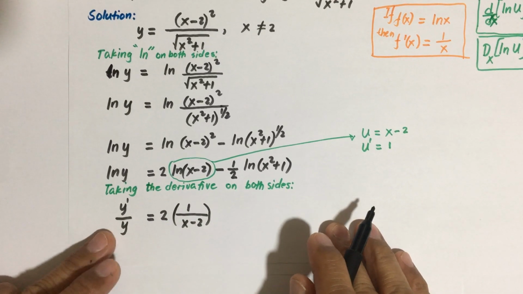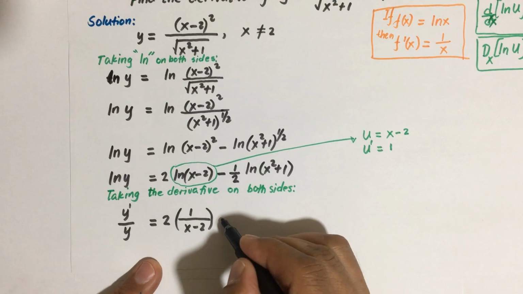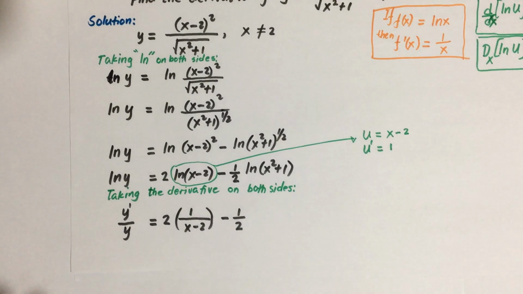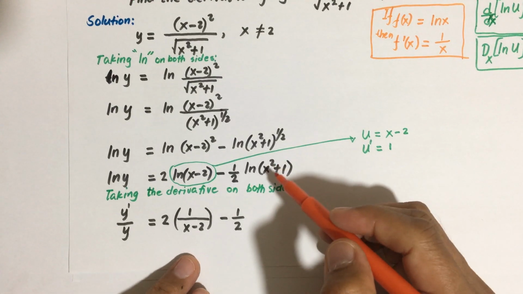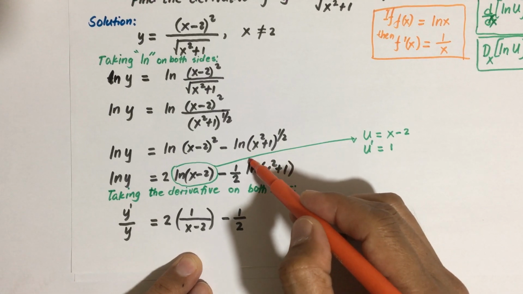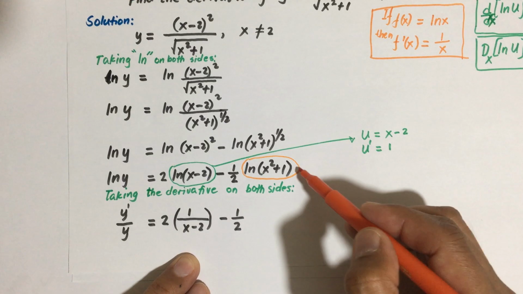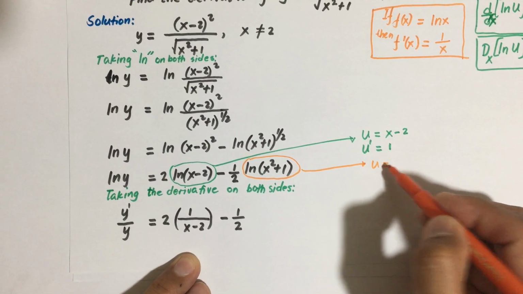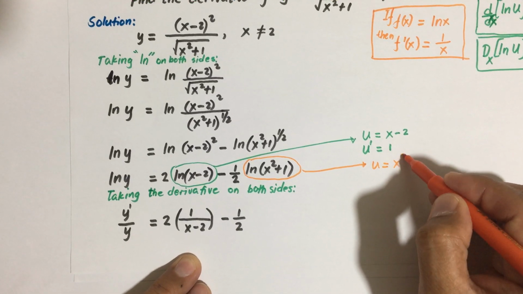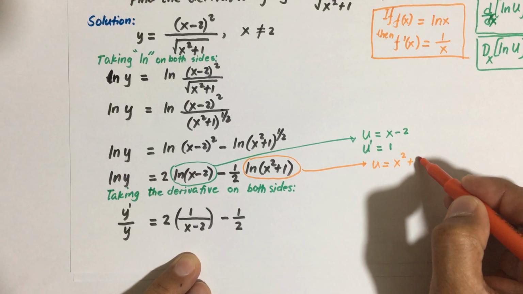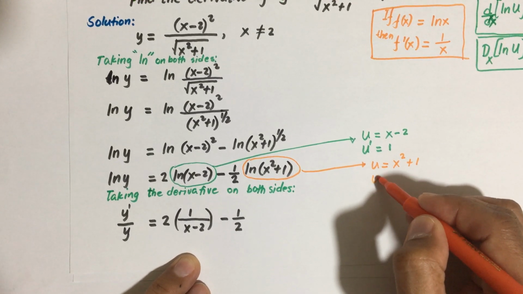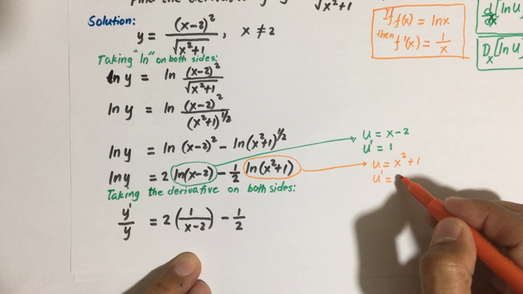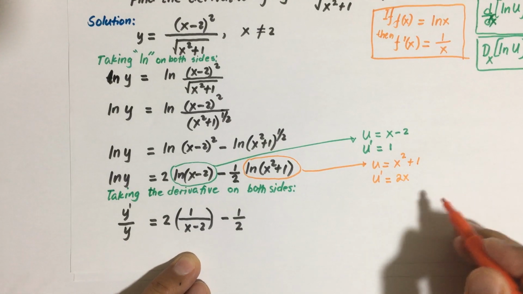Then minus 1/2. Now for this part, what is our u? Our u here is x squared plus 1, and our u prime is just the derivative of this, which is simply 2x.